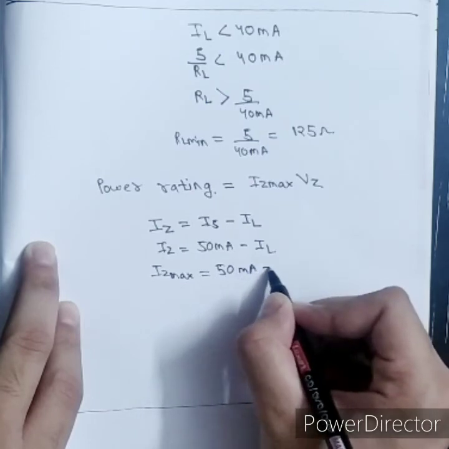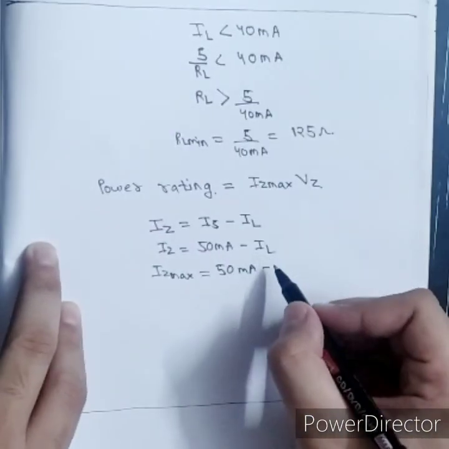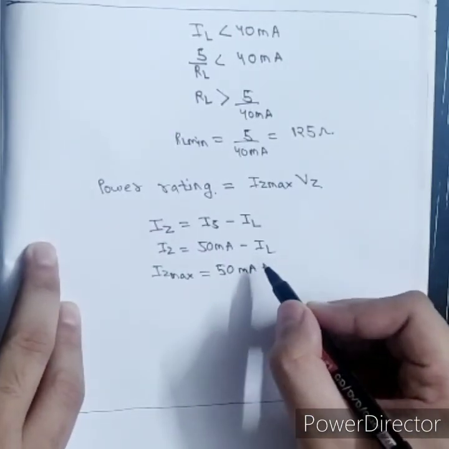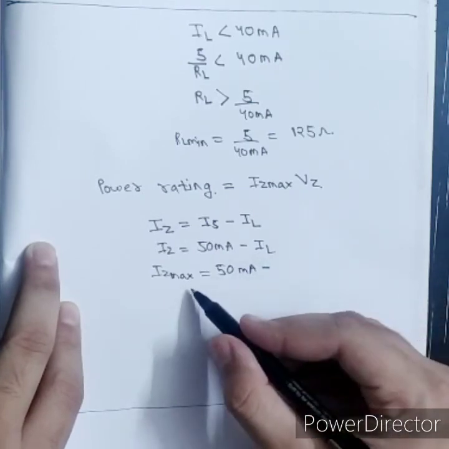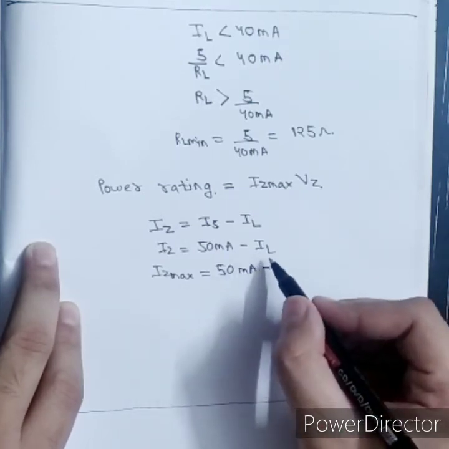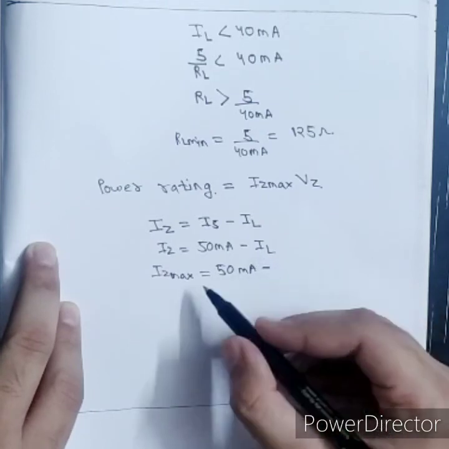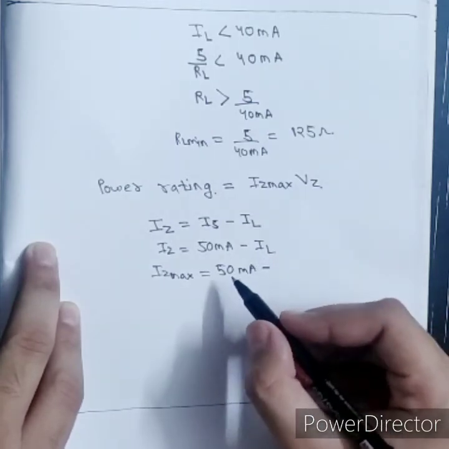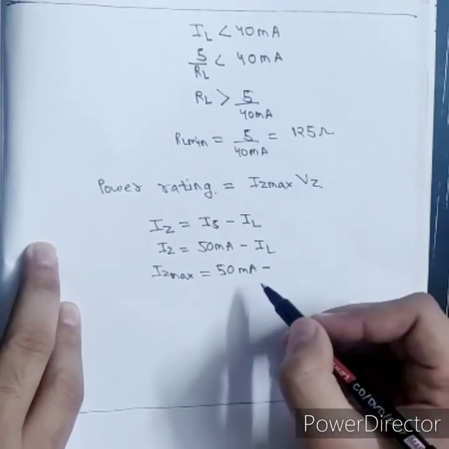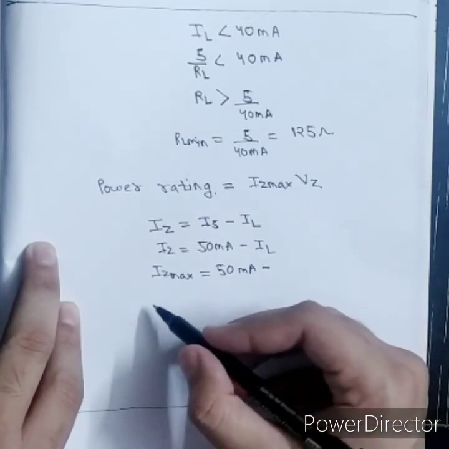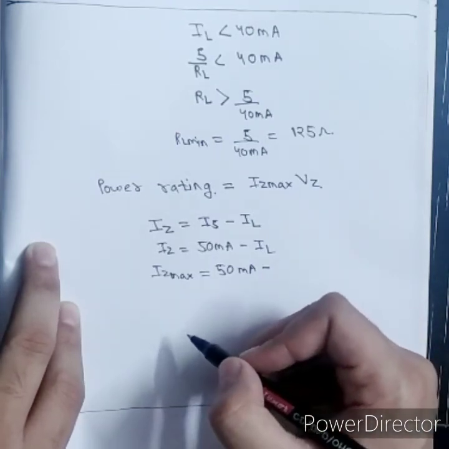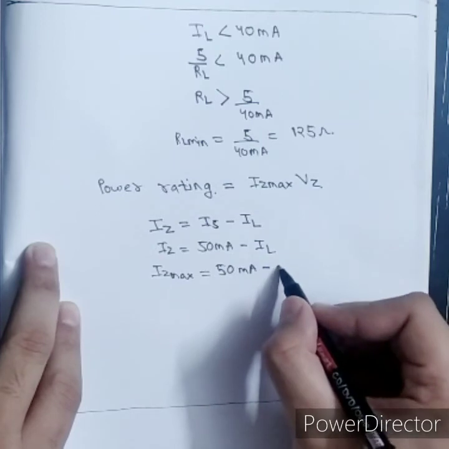So for Iz max, IL should be 0, IL should be minimum, right? If IL is something like 10 milliampere, then Iz max will be 40 milliampere. But if I put IL to be 0, then Iz max is 50 milliampere. So no current should flow through RL, then only the total current will flow through the Zener diode, and that will be the maximum current. So IL should be 0.